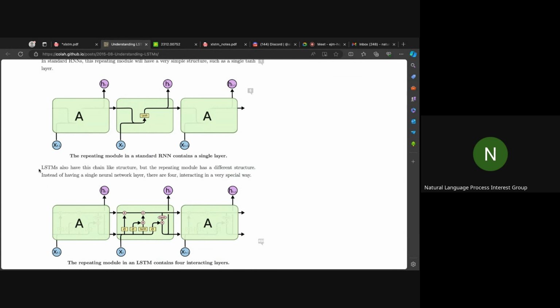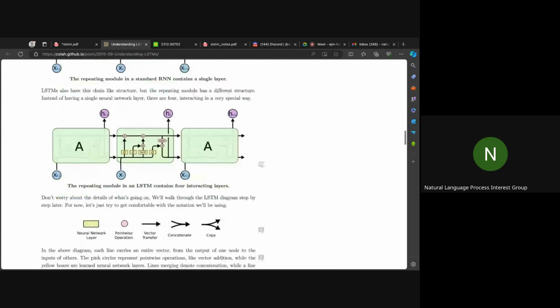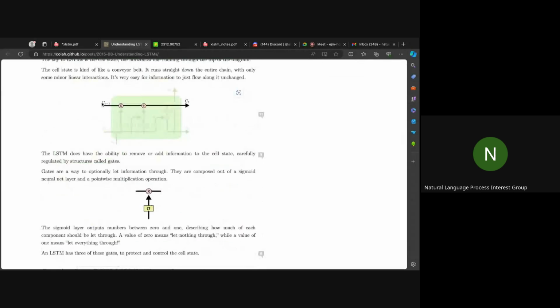So at each time step, the model takes in an input and outputs a hidden state. If you see here, you will notice that this bar is the cell state that we were talking about earlier, and this cell state is updated at each time step based on the values that are present in the input.